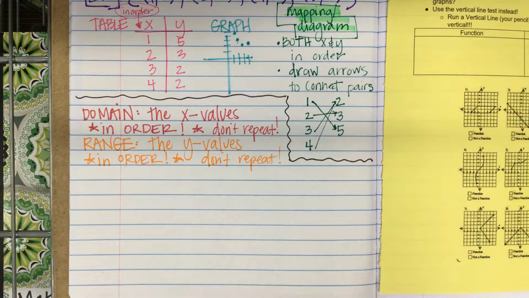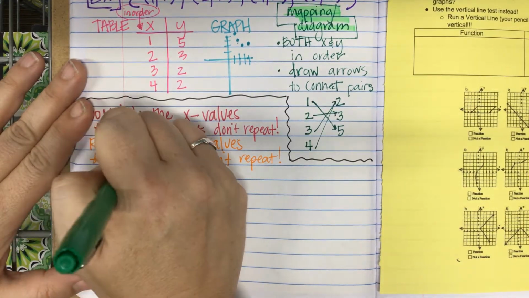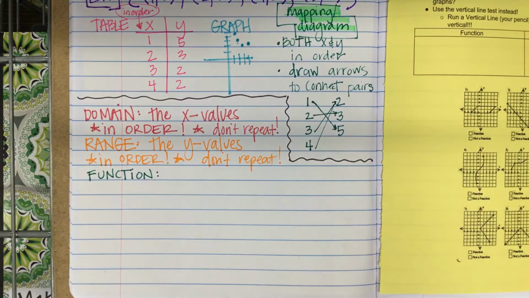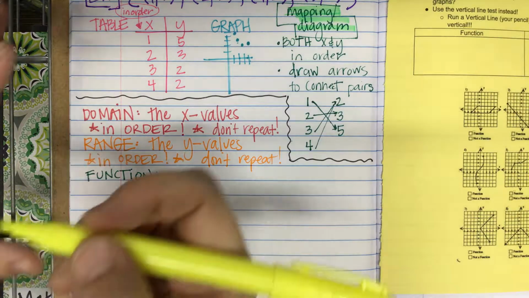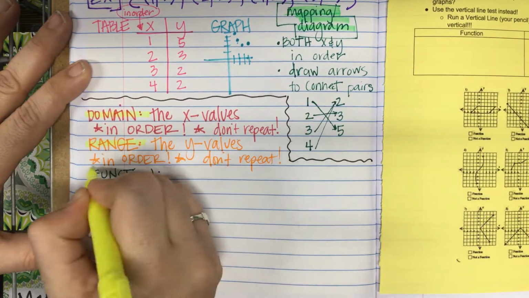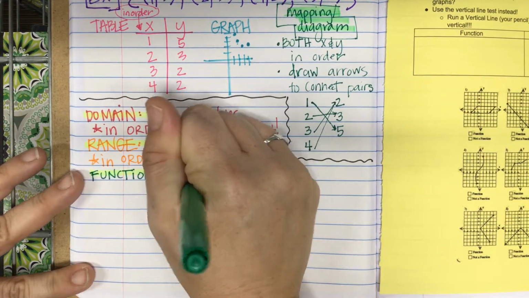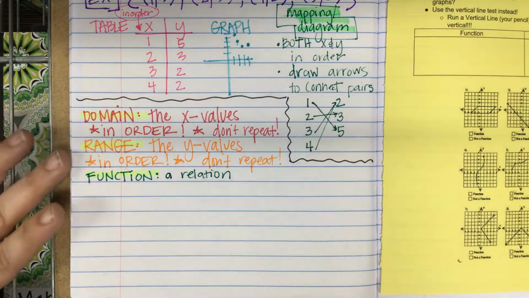Last vocabulary word today is function. So we had domain, range, we had relation. Now we're going to talk function. A function is a relation, set of ordered pairs.